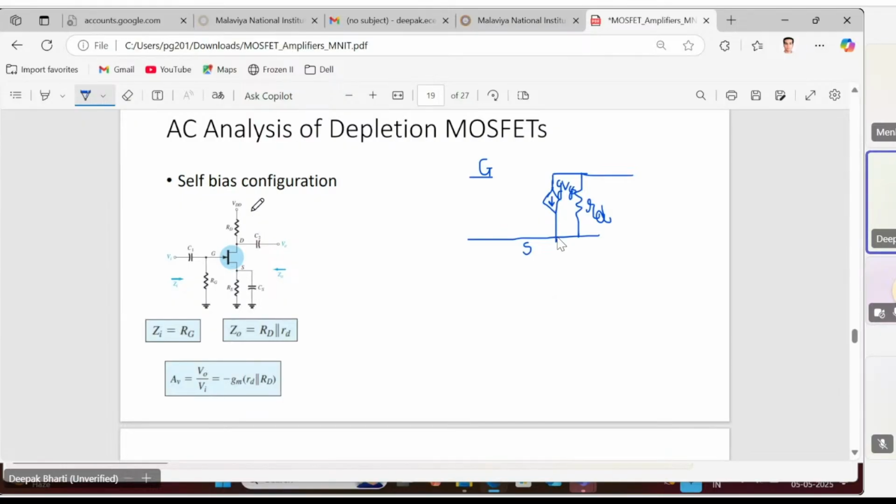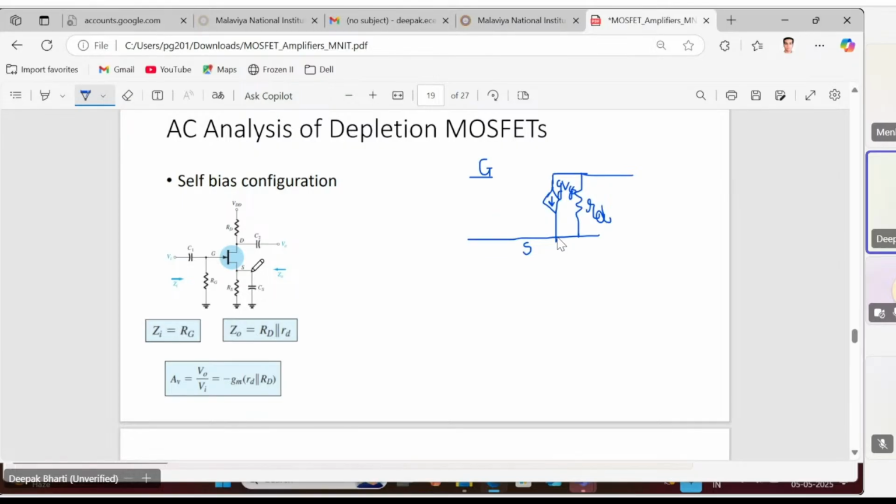Now let's have a look at the network. Here we have an RS also, since this is the self-bias configuration. So we also have the RS connected at the source terminal. But notice that we have a capacitor here, which is bypassing this RS. So during the AC analysis, what was the rule?